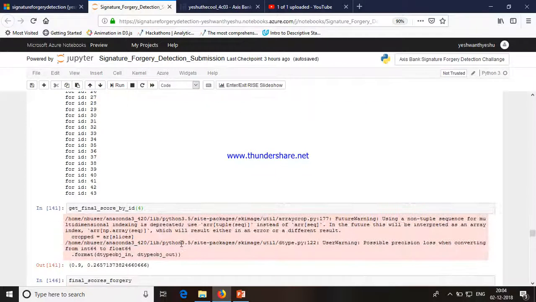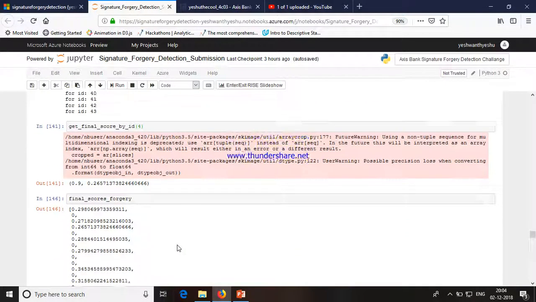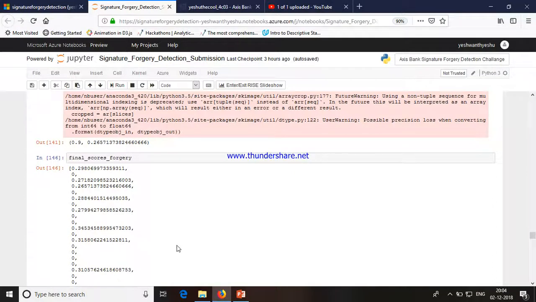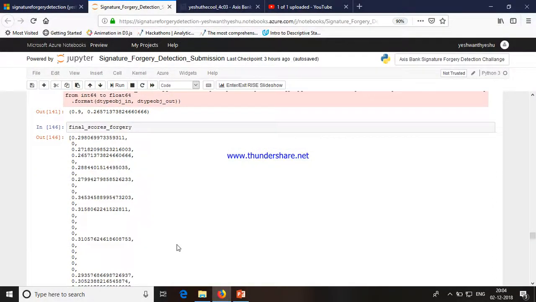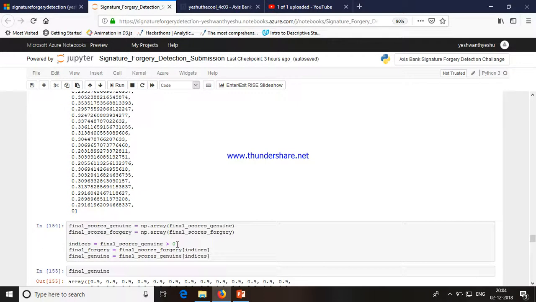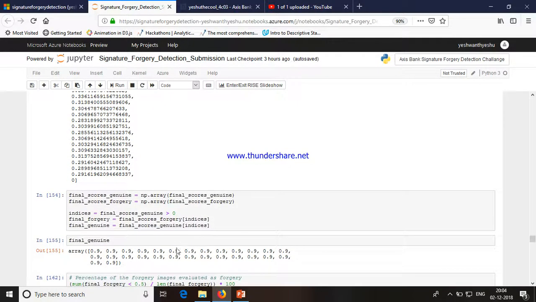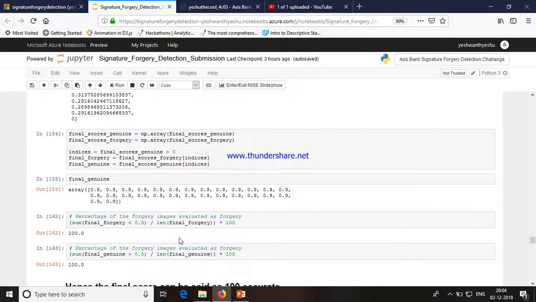When a genuine image is compared with a genuine image, our model is accurate to about 90% that it is genuine, and it is also accurate in finding out whether a forgery image is indeed a forgery. As there are different resolutions, sizes, and data types in these images, there is a need for many data processing functions, which I have implemented.